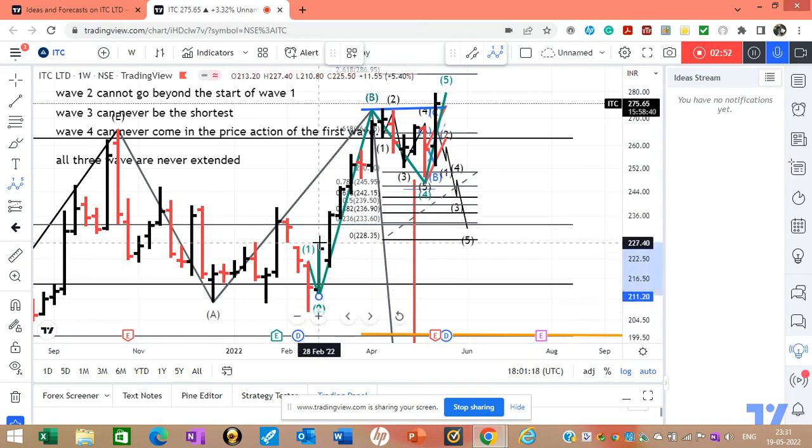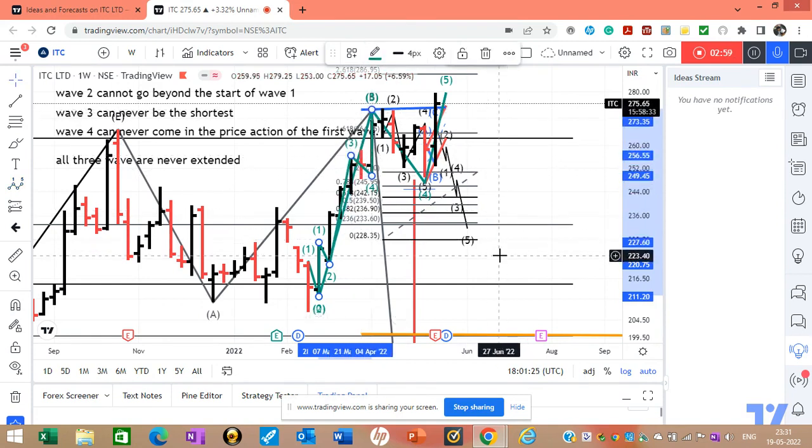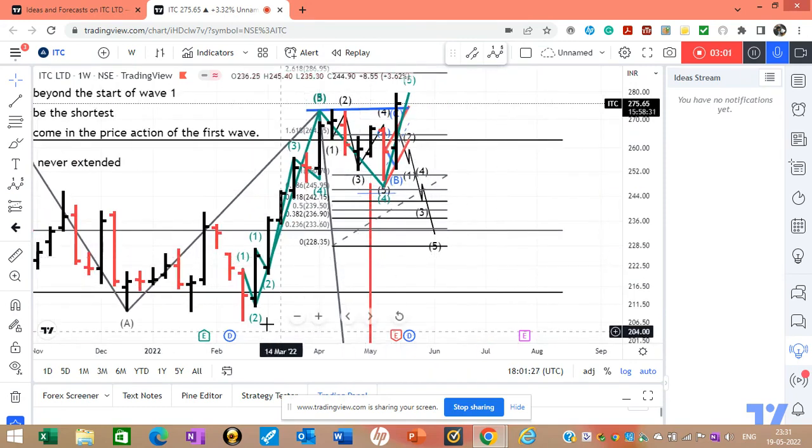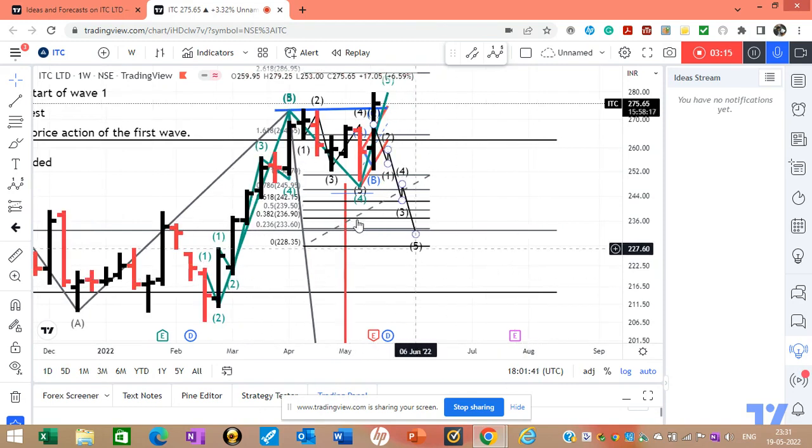This wave had extended: 1, 2, 3, 4, and 5, like this. Now the third of the third wave had extended 1, 2, 3, 4, 5. So this was a delicate miss which I made. This was A, B, and C corrections. This was not a five wave decline. This was A, B, and C corrections, and this is the last wave, wave 5.